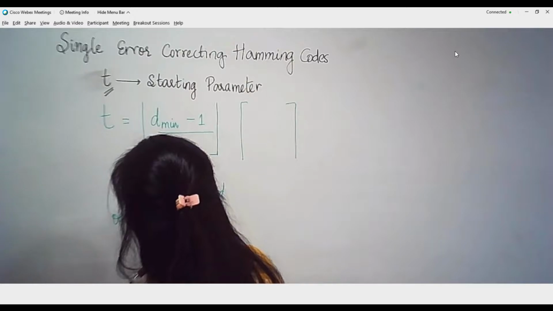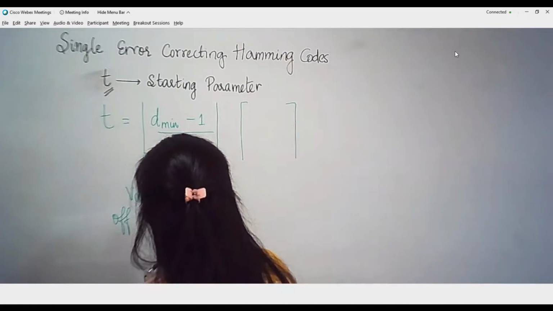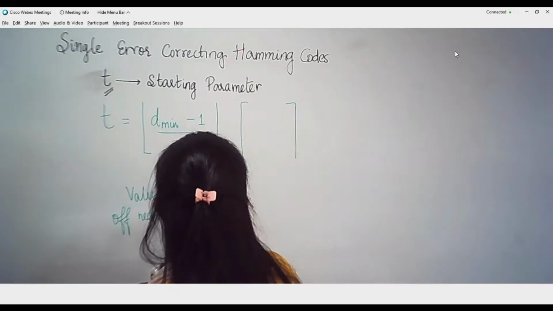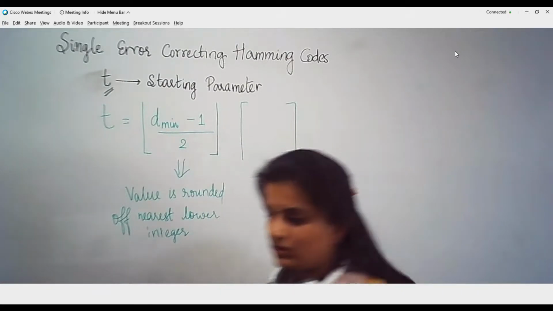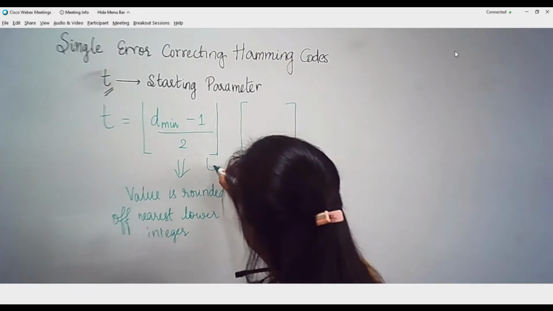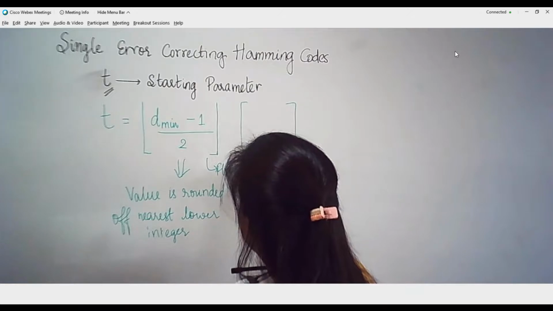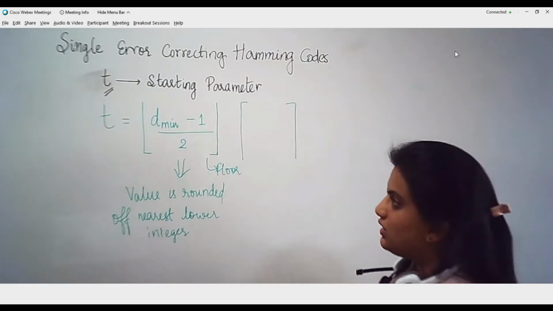rounded off to the nearest lower integer. This operation is called the floor operation, which you might be using in Scilab in some DSP codes.